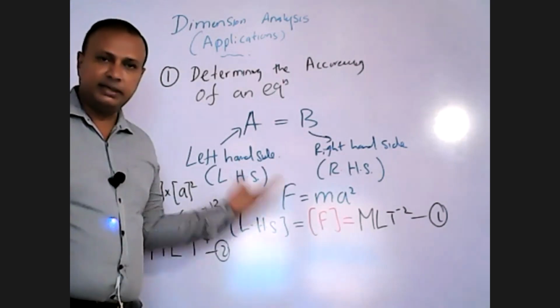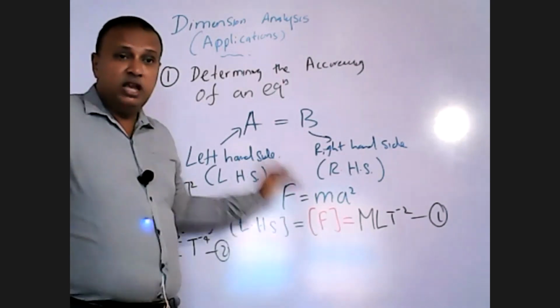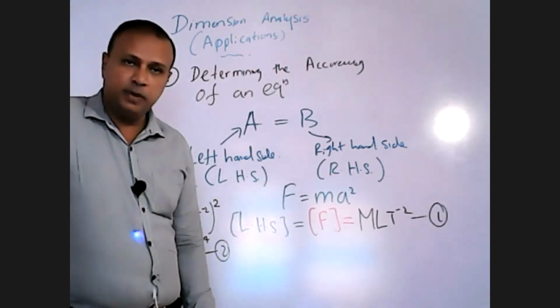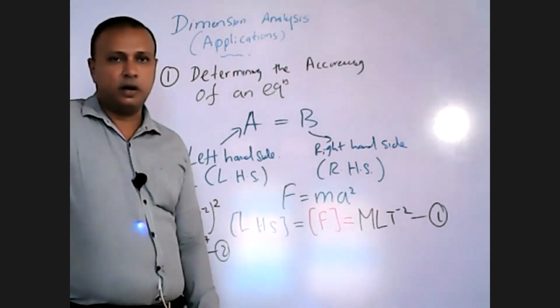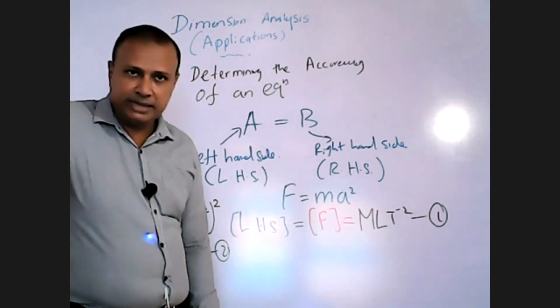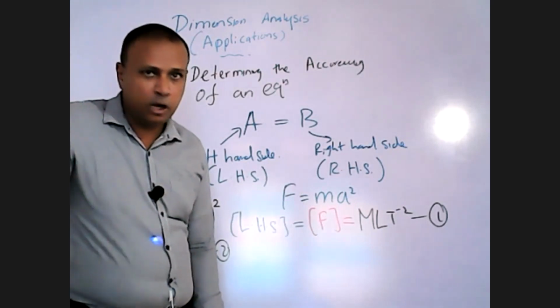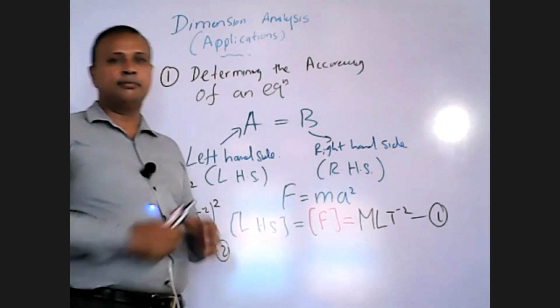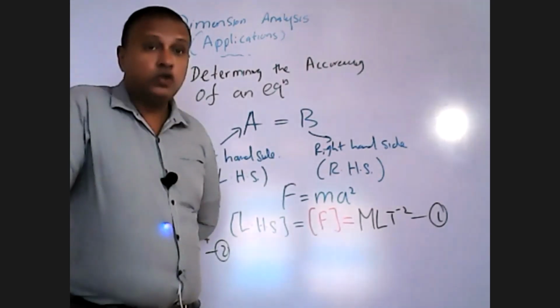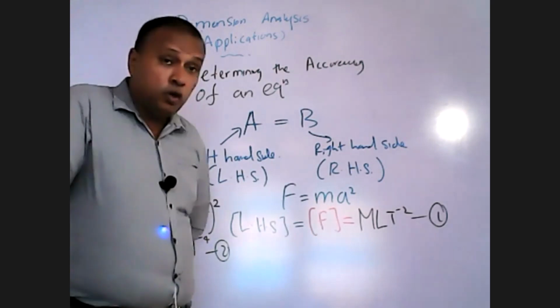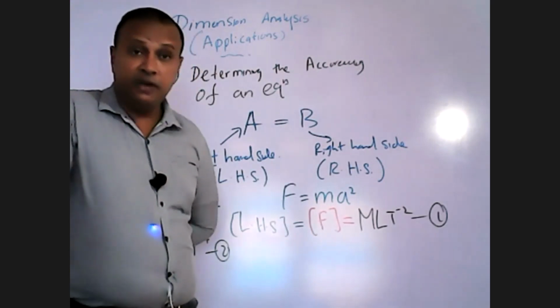In such cases, we can say this equation is dimensionally incorrect. This equation is incorrect. Do you understand? That is the way to determine the accuracy of an equation.